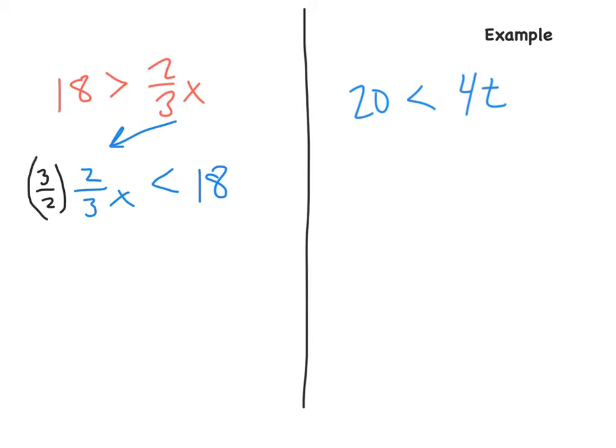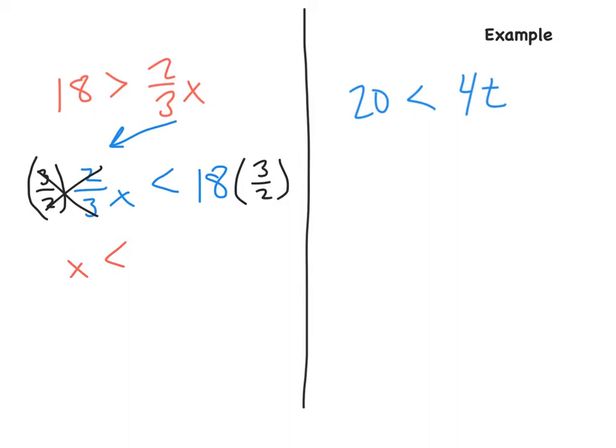So if you multiply 3 over 2 on the left, multiply 3 over 2 on the right. On the left, these cancel out, and all you have left is x is less than. Now we have 18 times 3 over 2, or 3 divided by 2.